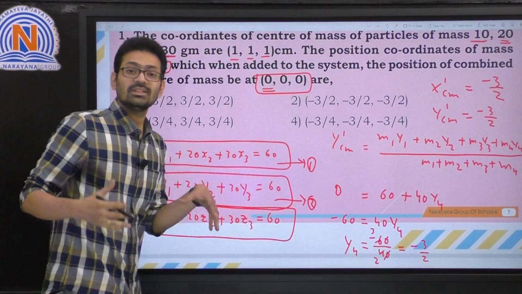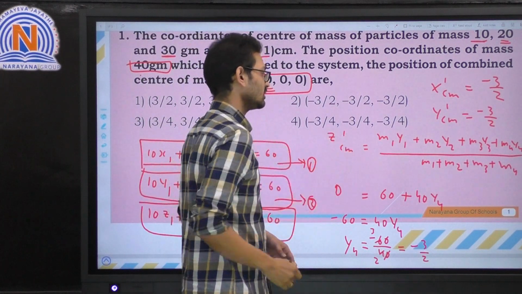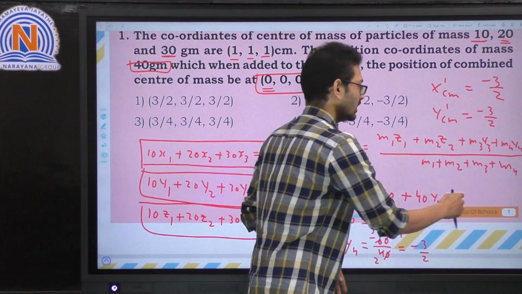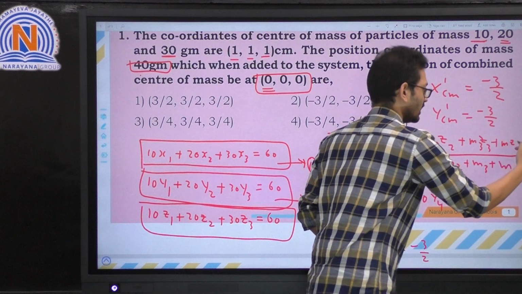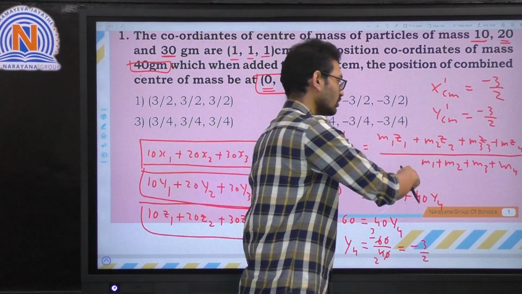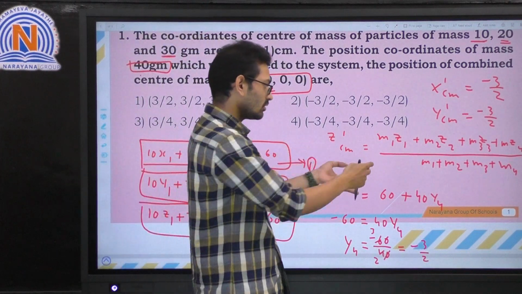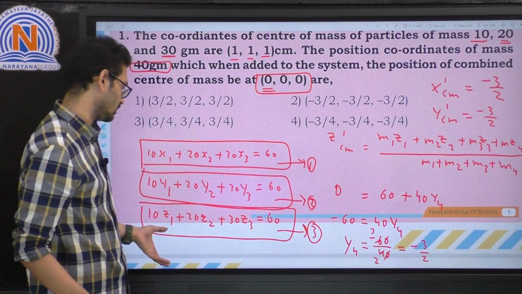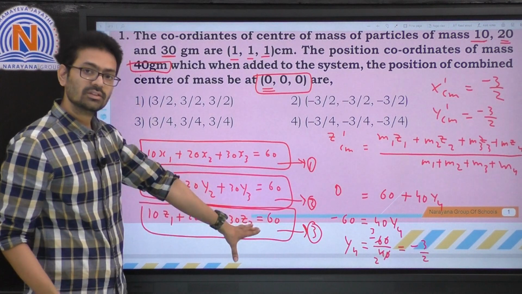Now let us find out z center of mass. Z center of mass is nothing but z dash, with z1, z2, z3 and z4, and the total you have as 100 again. 100 goes that side, it becomes 0, and you can substitute from this equation 3. You can substitute 10z1 plus 20z2 plus 30z3 is equal to 60.